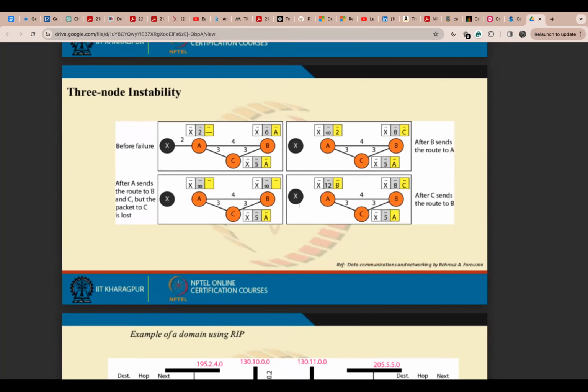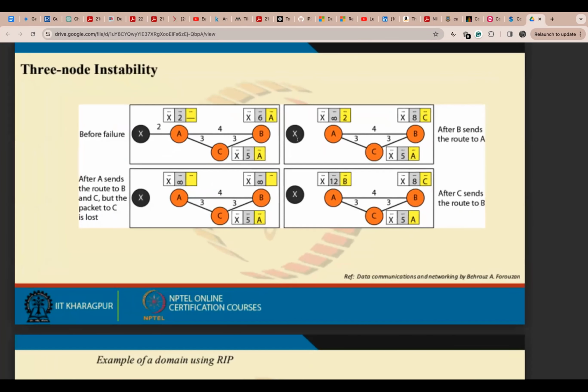The next thing is three-node instability, where the connection breaks here. The connection to X with cost 2 breaks, so this becomes infinity, and B sends its routing table to A, saying it is 8 away.